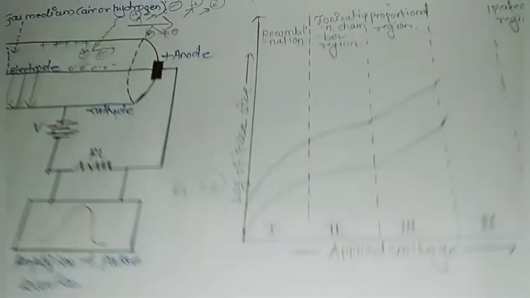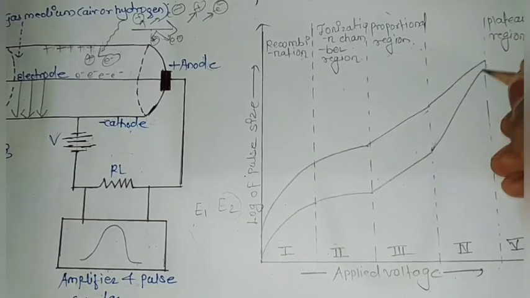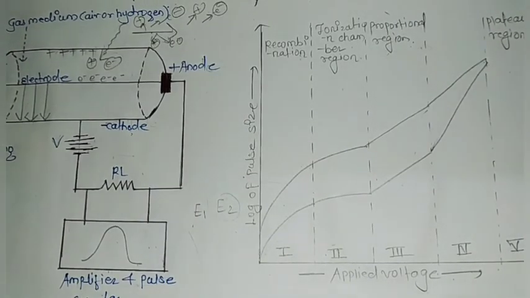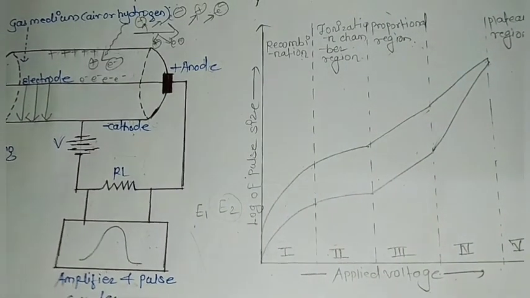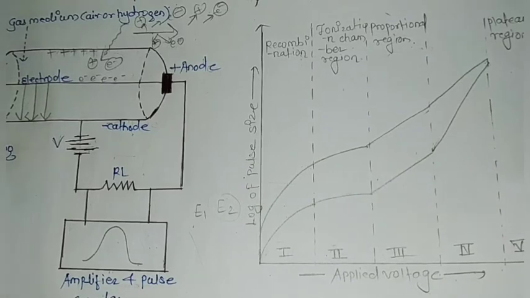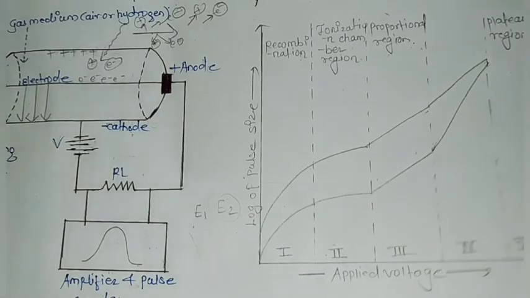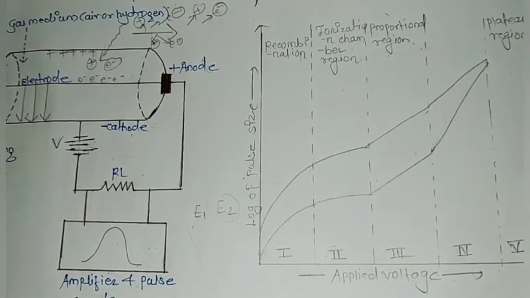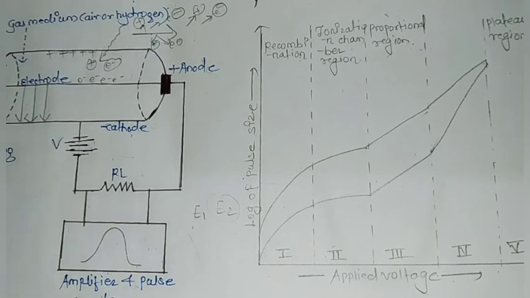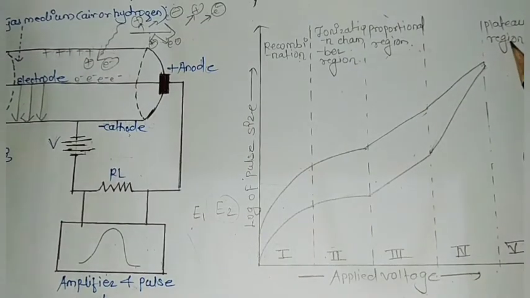That means the proportionality of the increase of the current pulse with respect to the voltage will be destroyed, and we end up reaching a particular situation where, with sufficient voltage, even one less energetic electron can lead to an avalanche across the entire chamber of the nuclear detector, so that you end up getting what is known as the plateau region.